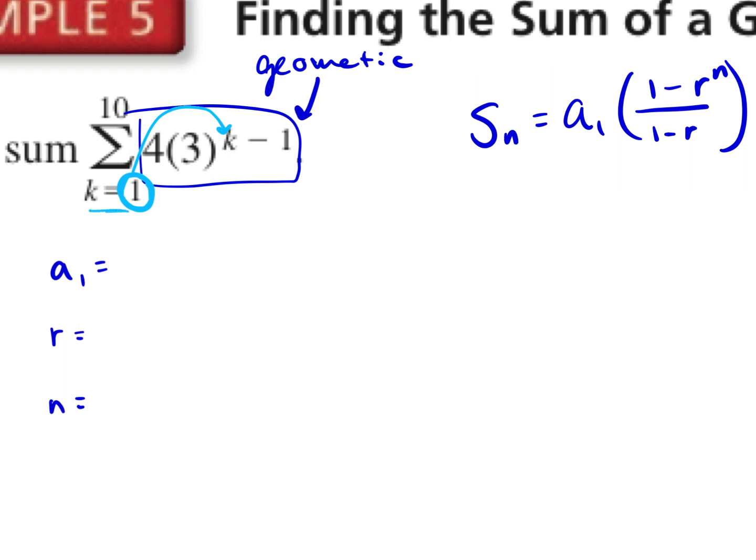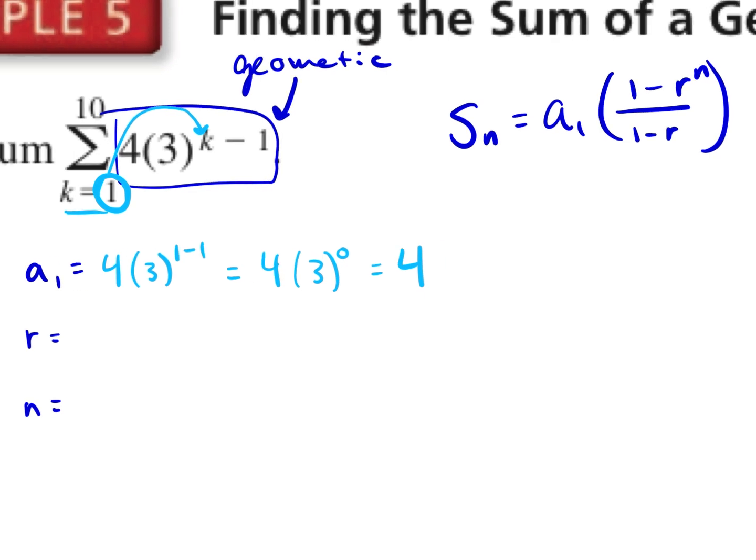This tells us that k is equal to 1. That's the first number we start with. So I plug 1 into k. So I have 4 times 3 to the power of 1 minus 1. What's 1 minus 1? 0. What is 3 to the power of 0? 1, and 4 times 1? 4.